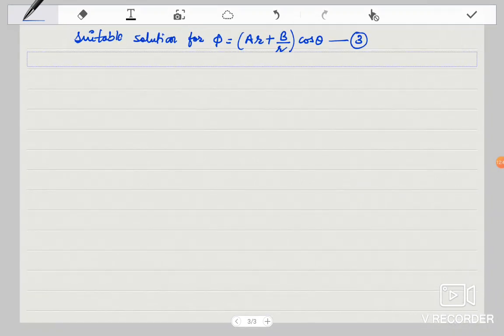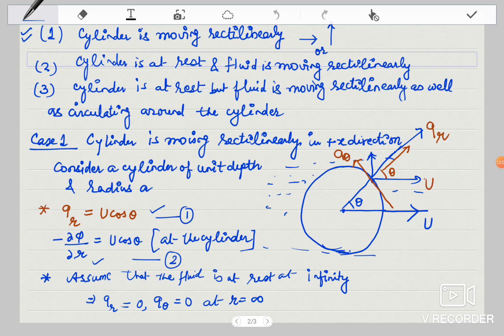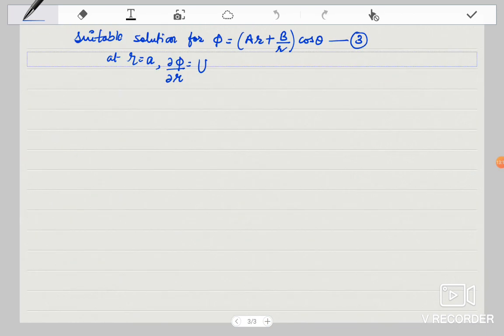So we have found earlier that at r is equal to a, that means at the surface of the cylinder, delta phi delta r was, just a minute, I found delta phi delta r to be u cos theta minus u cos theta.